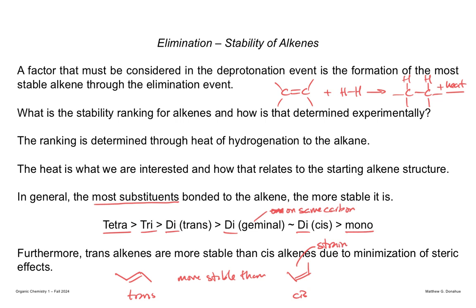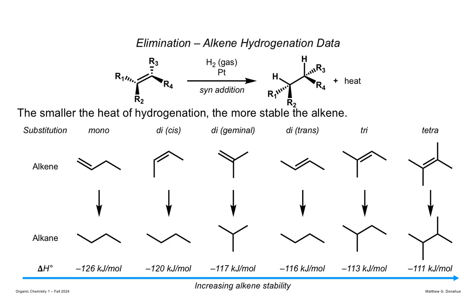When the groups are on the same side, they're closer together, and that introduces strain. So here's the general equation where you have your pi bond. You're adding the elements of H2 across that, and now you're just ending up with that sigma bond, or you're making an alkane out of the alkene.